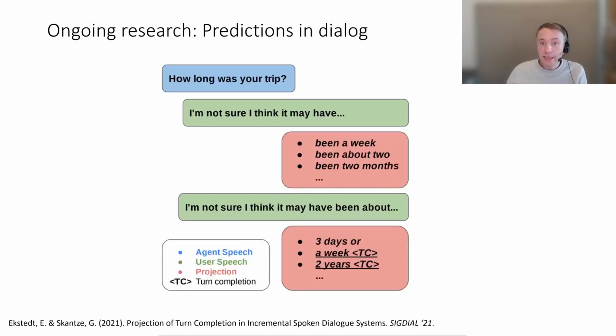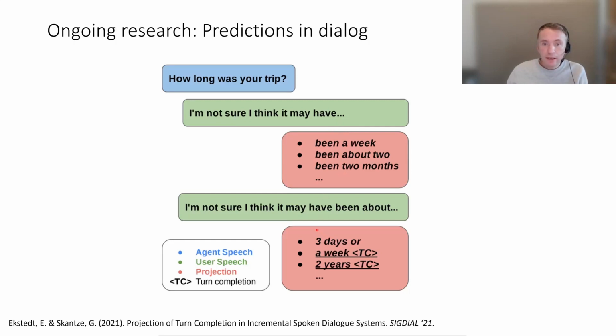Another thing we're looking at is whether the model can also predict what the user will say. So for example, if the system asks, "How long was your trip?" and the user starts to say, "I'm not sure, I think it may have," then we have a very strong language model where we try to predict how this user utterance might unfold in the future.